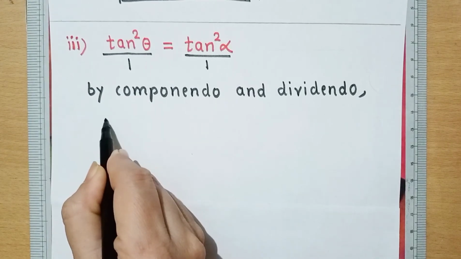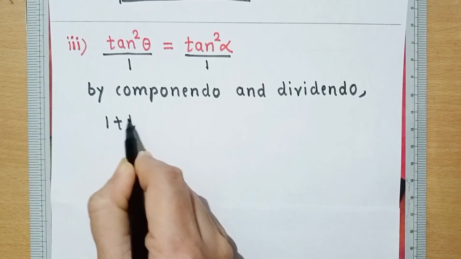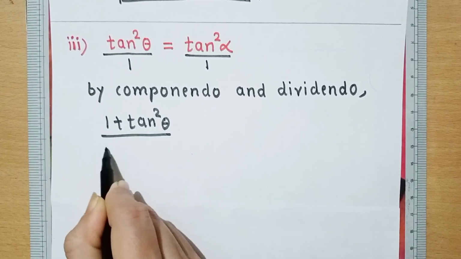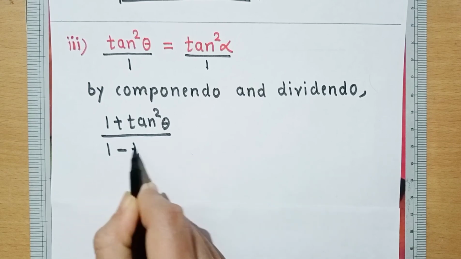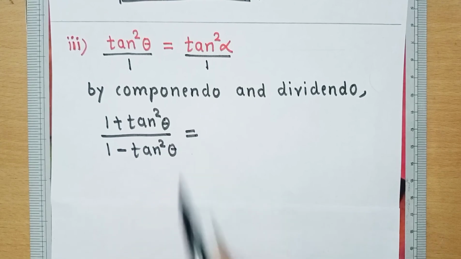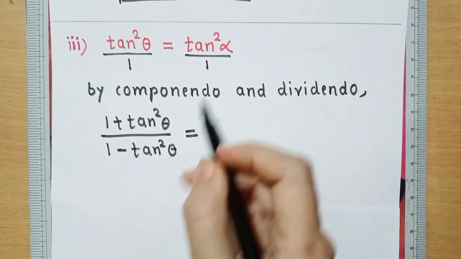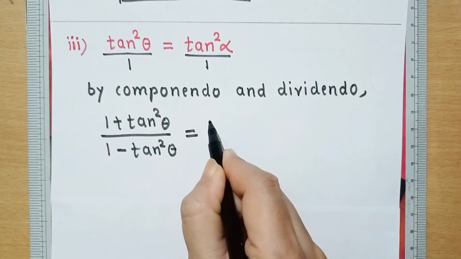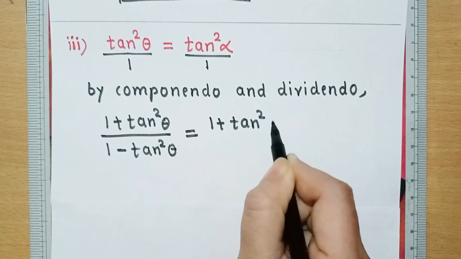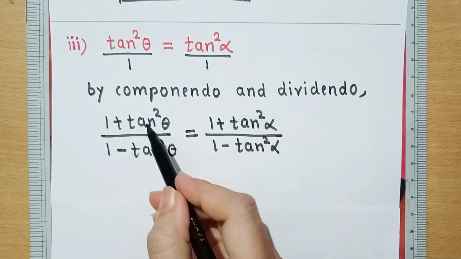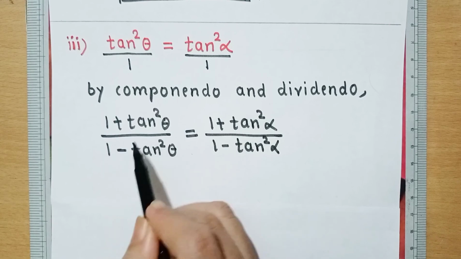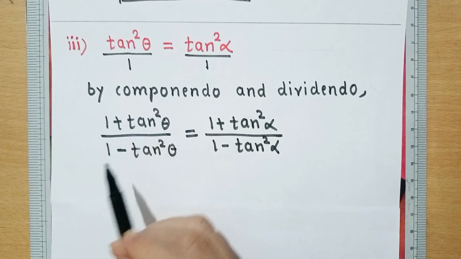That means first write on addition 1 plus tan square theta, and here we will write 1 minus tan square theta is equal to, in the same way here also we will write 1 plus tan square alpha. Now in the next step, interchanging numerator and denominator. That means we will write this term upside and this term downside.